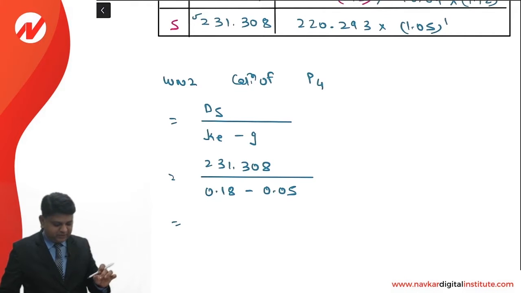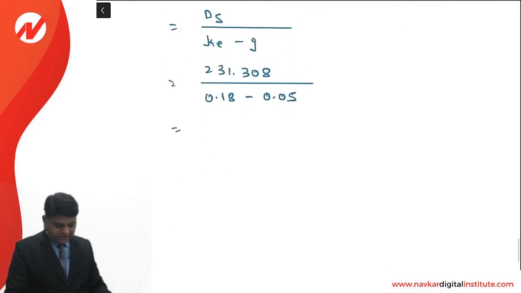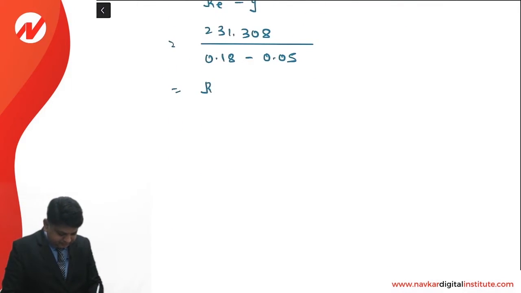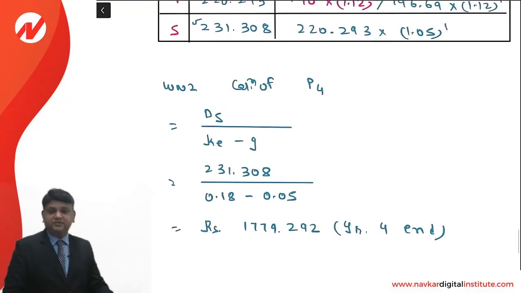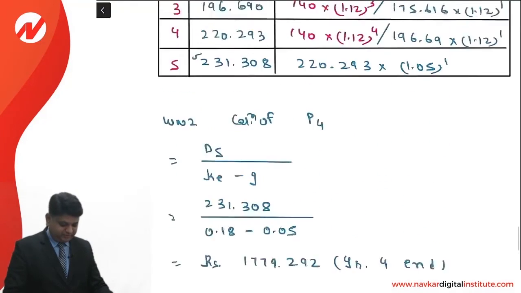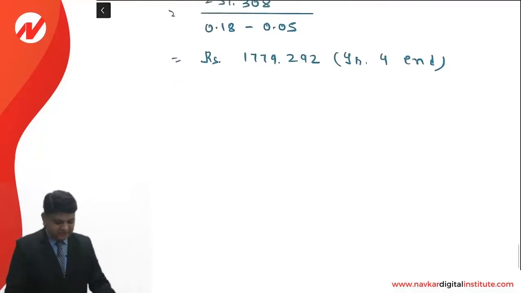So 231.308 divided by 13%, so 1779.292. This is what we understand is of year 4 end. That is market price of the equity share at the end of the 4th year. Now lastly, calculation of P0.